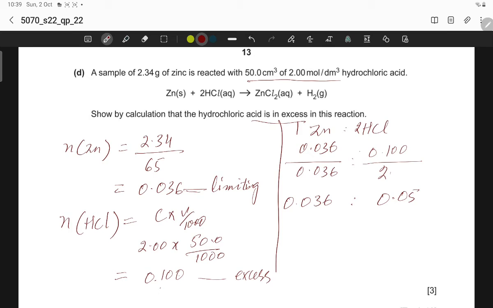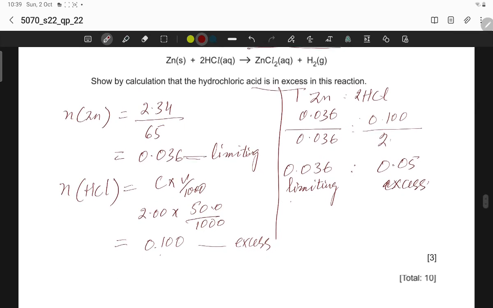So in this way, after this calculation by taking the mole ratio with zinc and HCl, you should decide which is limiting and which is excess. This is limiting, and this is excess.